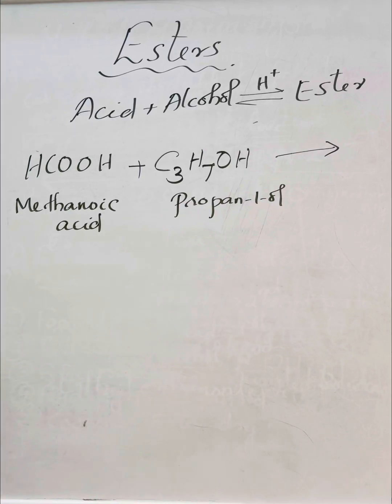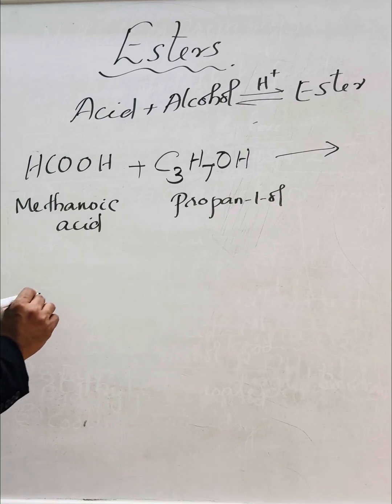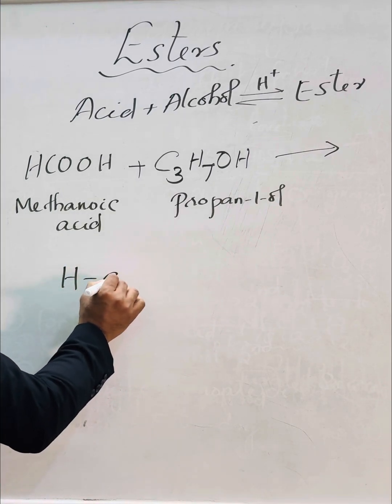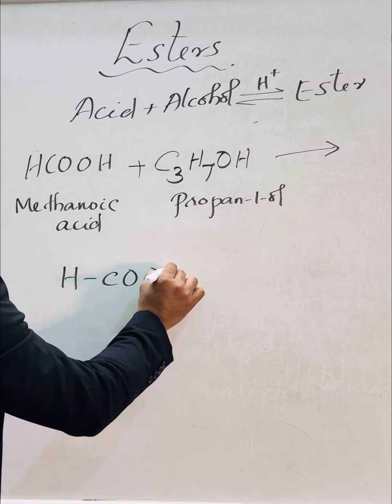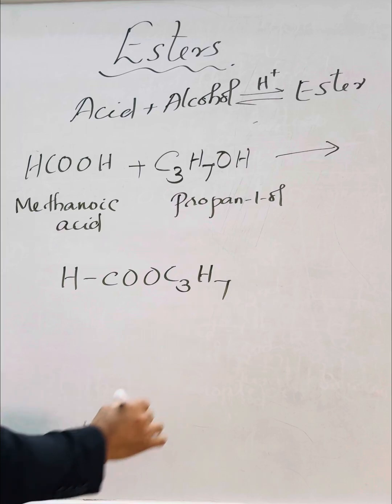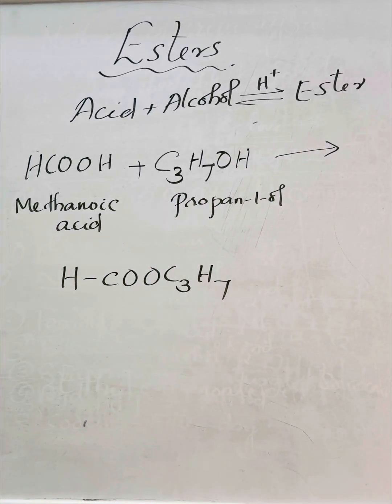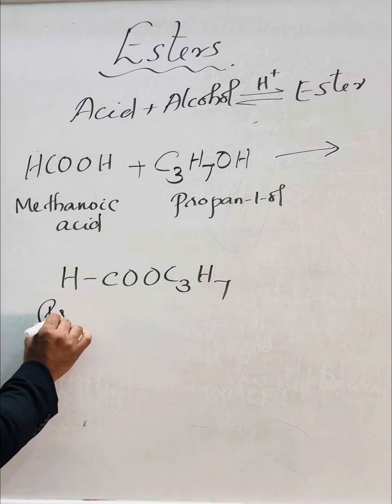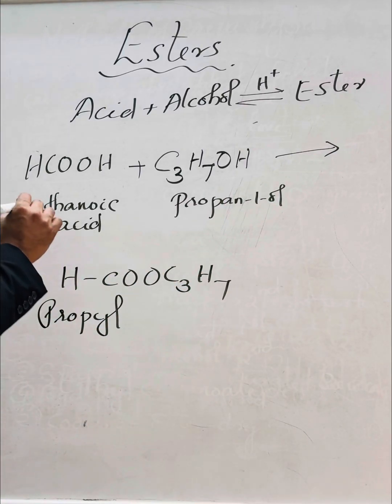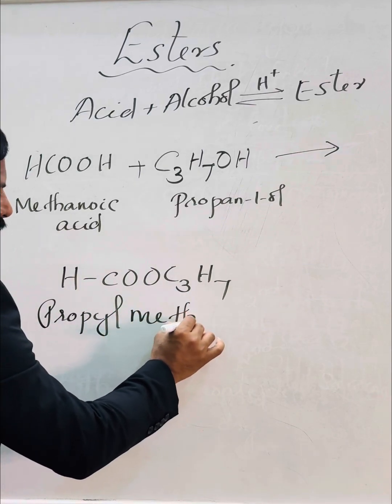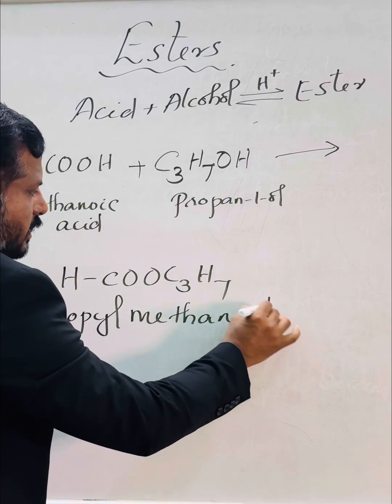What is the product we get? When you are writing the formula, the acid part comes first. What is the name? We write the alcohol first: propyl methanoate.